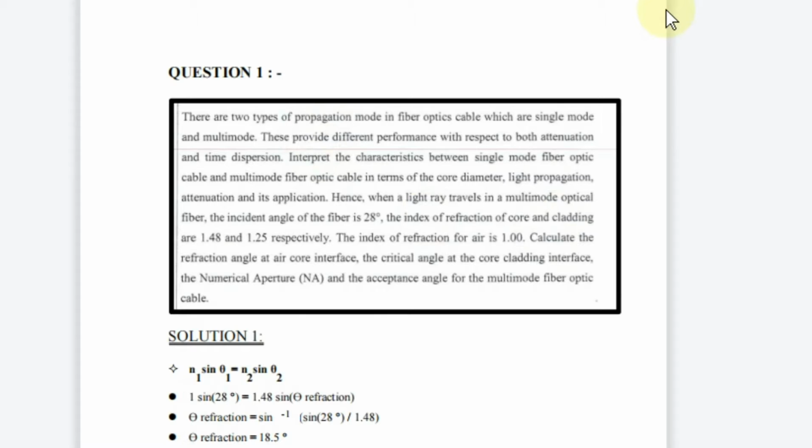So in part 1, they are asking us to calculate the refraction angle at the air-core interface. The formula for the air-core interface is refractive index 1 times sine of the angle of incidence equals refractive index 2 times sine of the angle of refraction. Now we must find the angle of refraction. The refractive index 1 is for air, which is 1, and the incident angle is 28 degrees, equals 1.48 times sine of the unknown angle.